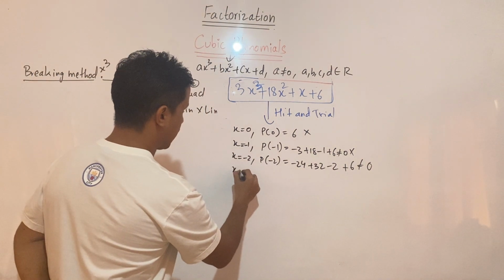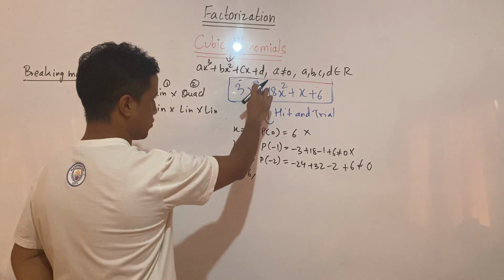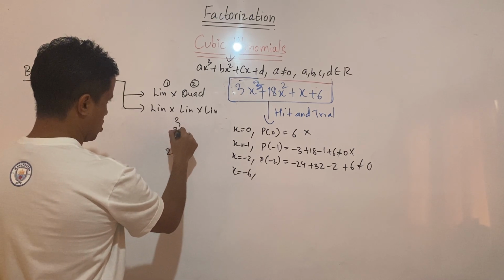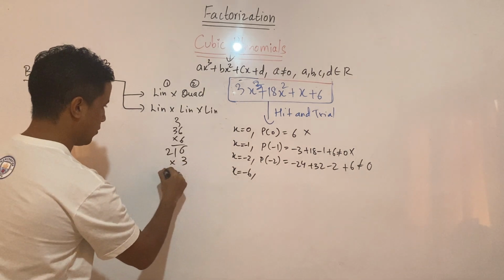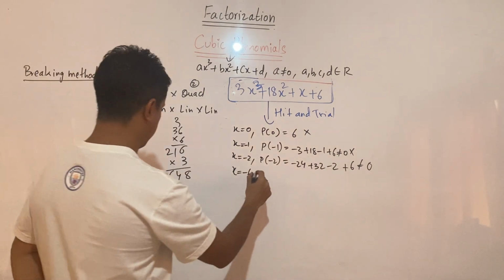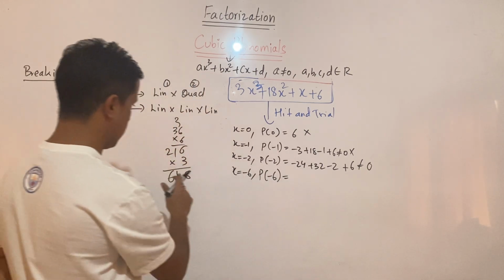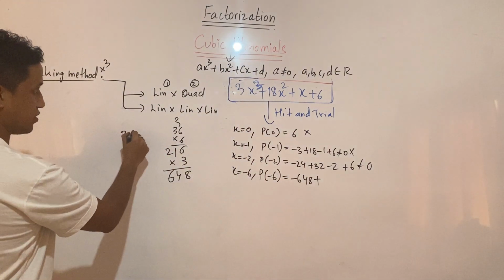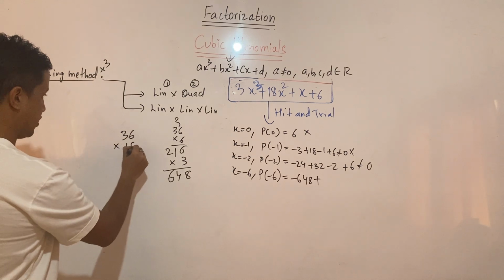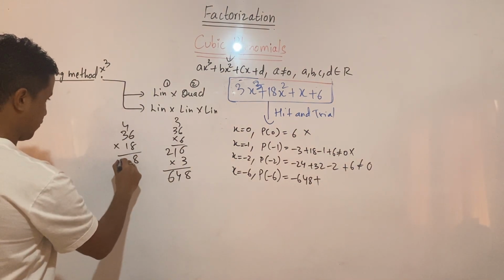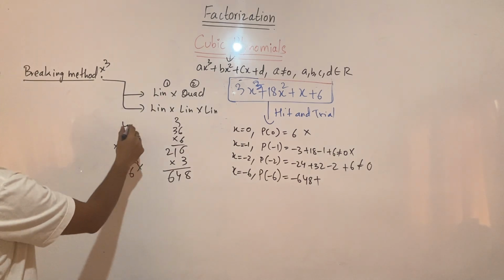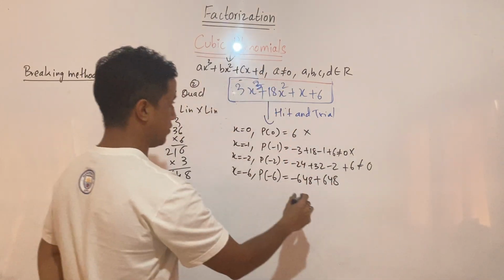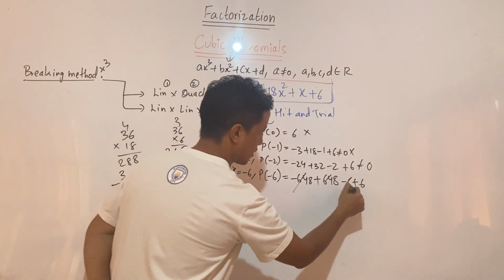I think if you put the value of x = -6, then 36 times 6 is 216, multiplied by 3 gives 648. So p of -6 would be minus 648 plus 36 multiplied by 18, which is 648, and here minus 6 plus 6. Now see here, it cancels, this is 0.